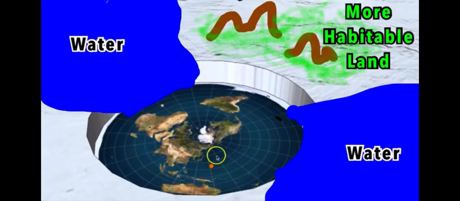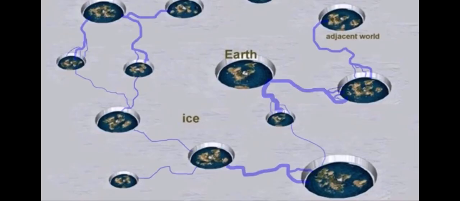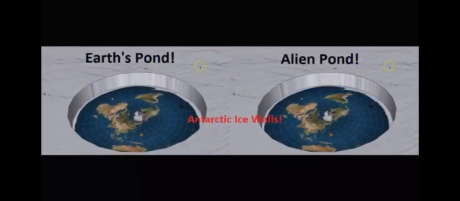What if there are channels and pathways, so instead of this image of ice where you have to get up on top of ice and use snowcats and traverse across ice, what if there are rivers and channels possibly, and you could travel between the worlds in little crevices? Then you wouldn't be completely surrounded by an ice wall if there was a way out. Maybe there is somewhere else to go. We don't know. That's what's fun about imagining.